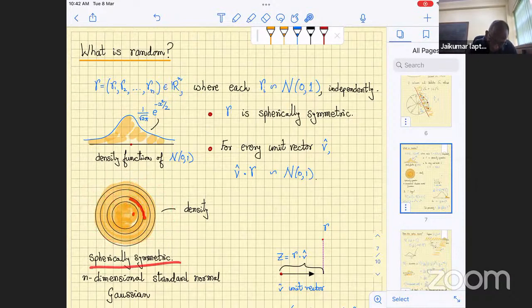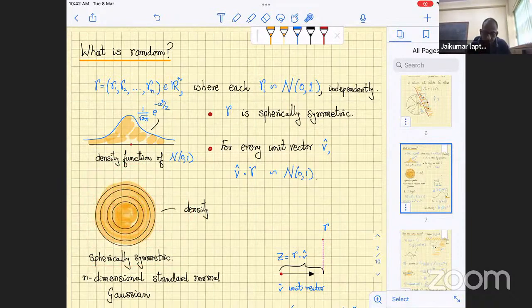That is, points which are at the same distance from the center have the same density. The density is the highest at the center, and then the density reduces like that.